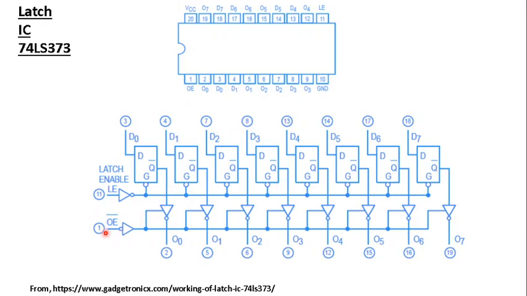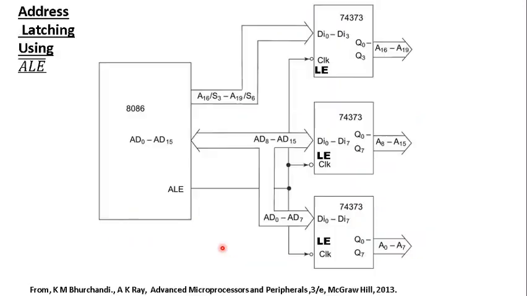Then there is also an output enable pin, and when this is enabled, only then will the address information latched into these 8 flip-flops be available at the output bits.